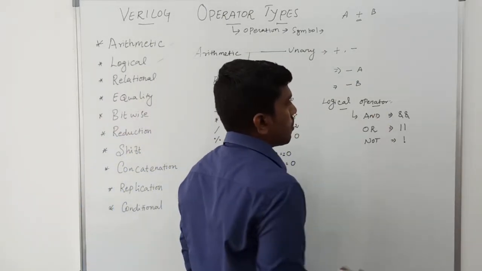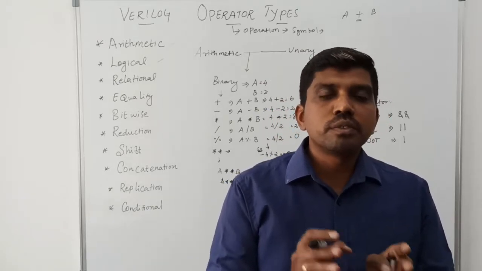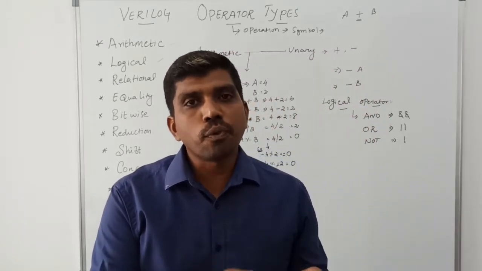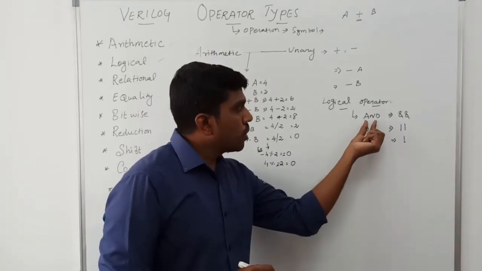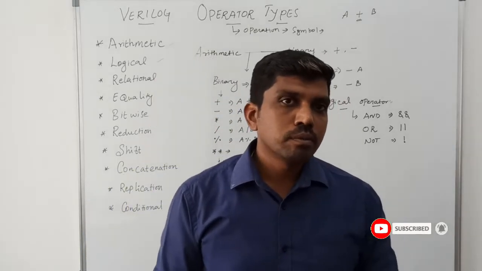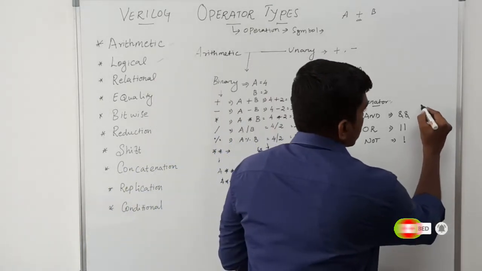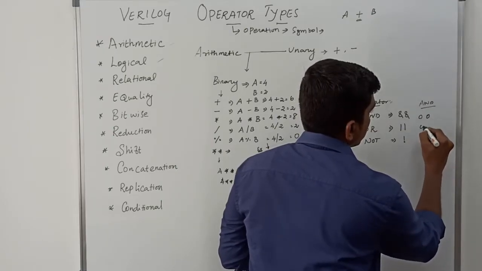In this logical operator, you just check the condition. If the condition is true, the result is true. If the condition is false, the result is false. If you want to perform the AND operation, you just remember the truth table. The AND gate truth table: inputs 00, 01, 10, 11, and output 0 0 0 1.